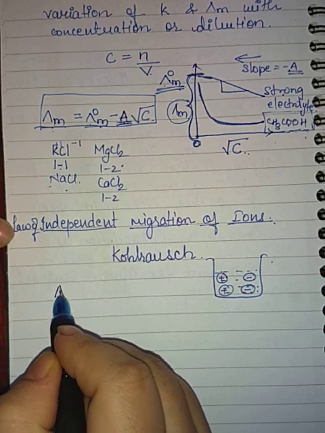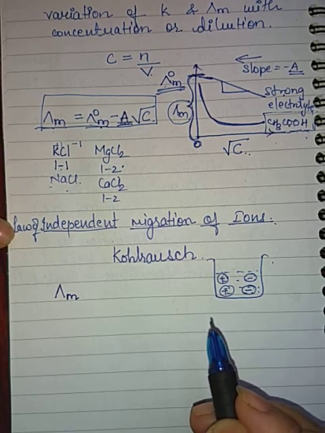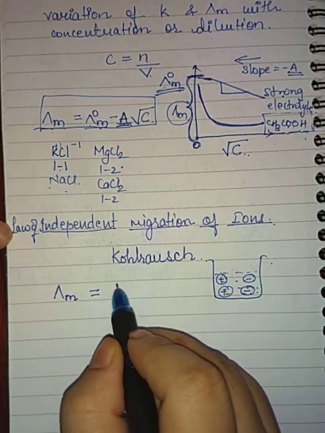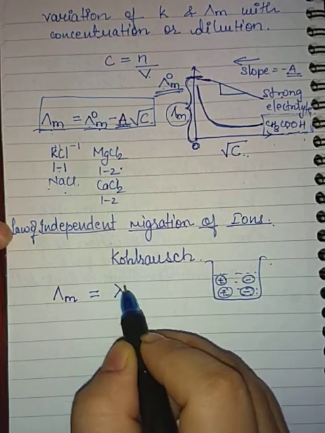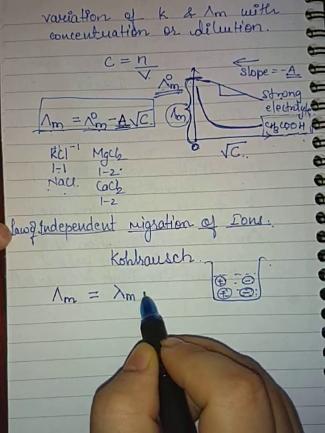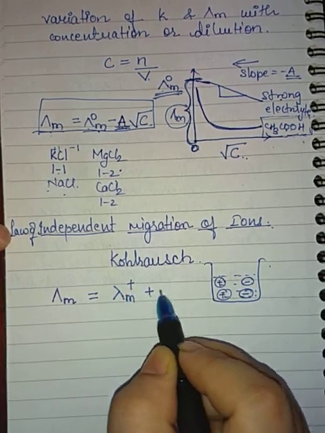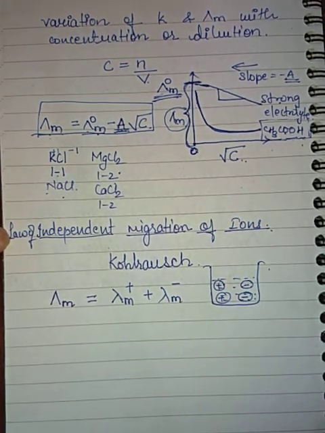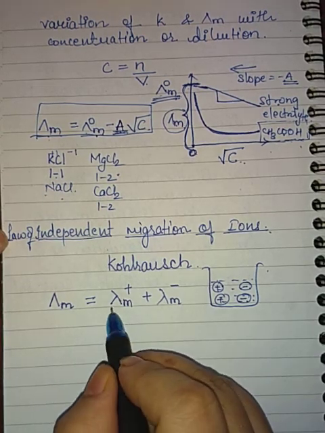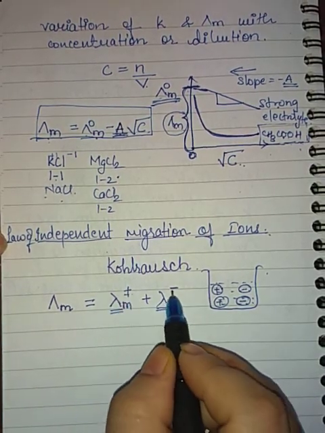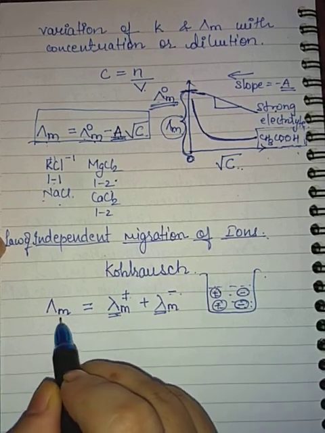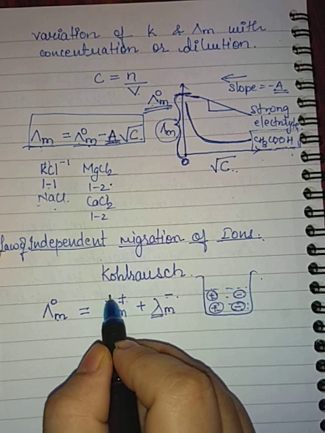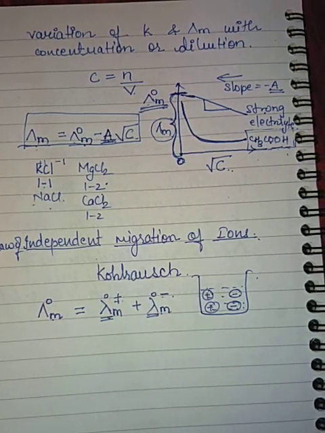So the total molar conductivity of any electrolyte will be equal to the individual molar conductivity of cation plus individual molar conductivity of anion. So this is the individual molar conductivity of each ion. When you join them together, you get total molar conductivity. And since we are talking about limiting molar conductivity, you simply have to add lambda naught m.